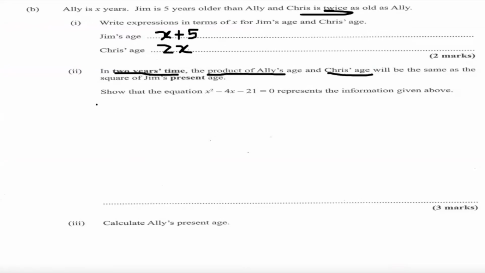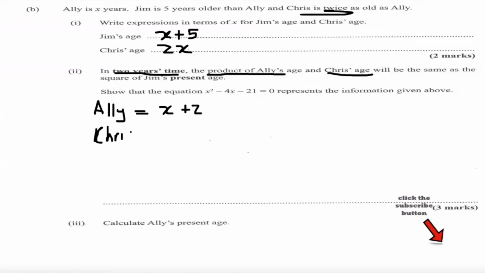So in 2 years' time, what do we know? Let's look at Ali's age in 2 years' time. We know that Ali is x years old, and in 2 years' time, I would add 2 to Ali's age. Chris, remember, I've established that Chris is twice the age of Ali.